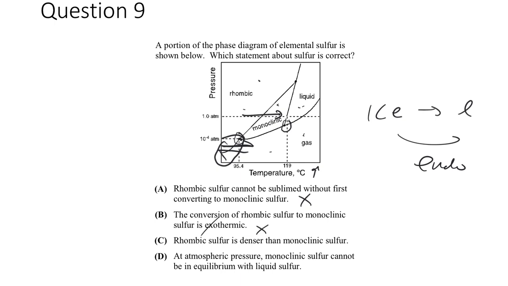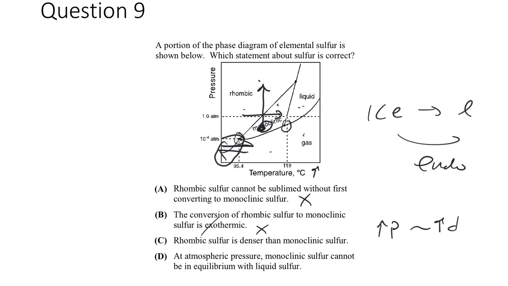Rhombic sulfur is denser than monoclinic sulfur. And so, okay, how does density apply? Well, imagine we have the monoclinic here, so we have this solid at this point in our diagram. If we apply pressure and increase pressure, then we go upward in our diagram. And so increasing pressure is another way of increasing the density because you're pushing the atoms to be closer together.